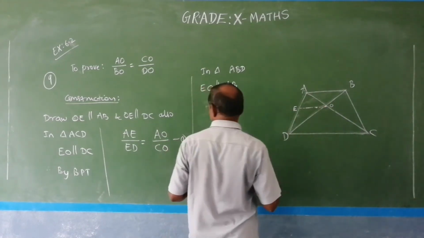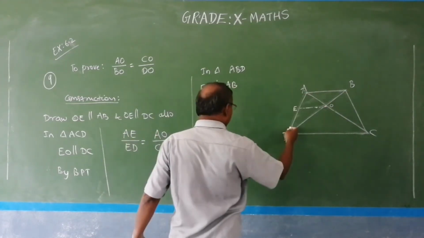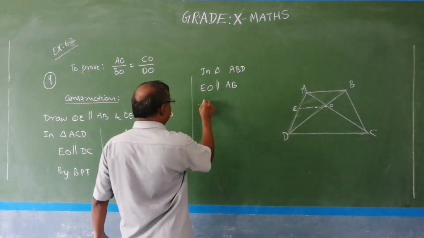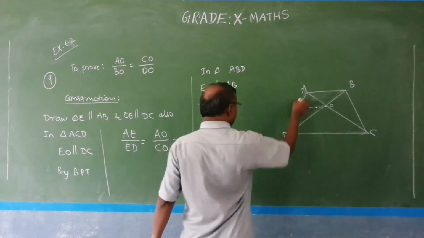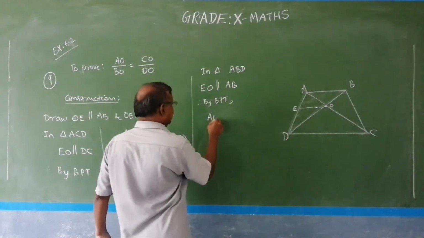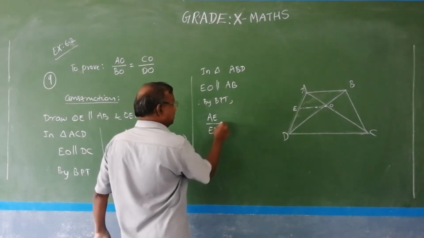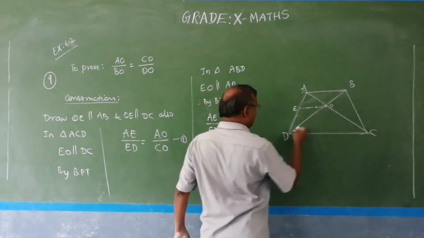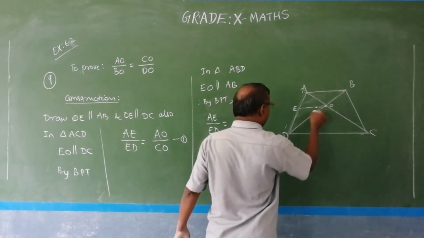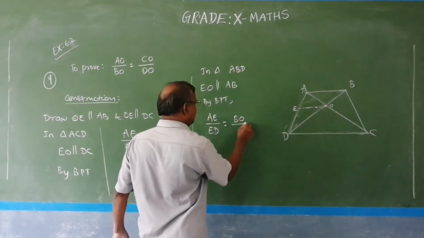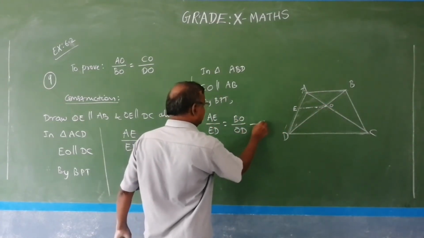Therefore, again by BPT, the basic proportionality theorem, we have AE by ED equals BO by OD. Say this is 2.